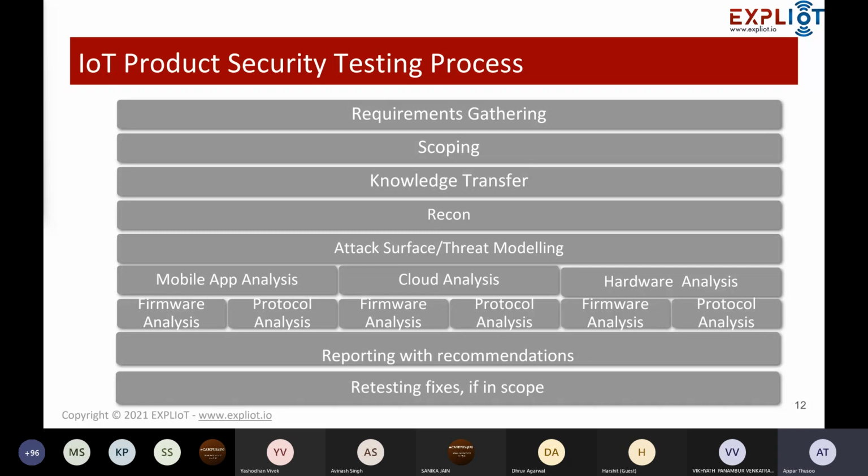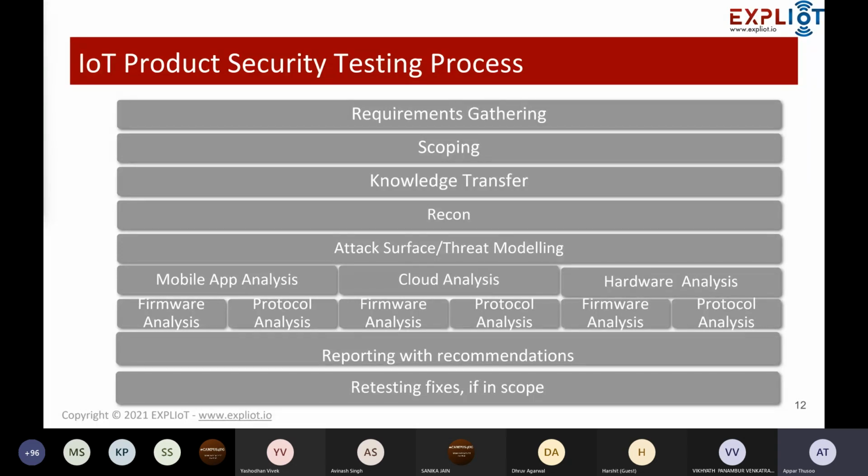Then once the threat modeling is done, we basically break down the assessment into parts. You have one team working on the mobile app analysis, one team working on the cloud assessment, one team working on the hardware assessment, and one team working on maybe wireless or the firmware. So once we have identified what the threats to the device are, we try to focus individually on exploiting or turning those threats into vulnerabilities. And next is, once we have found some vulnerabilities, we try to report it.